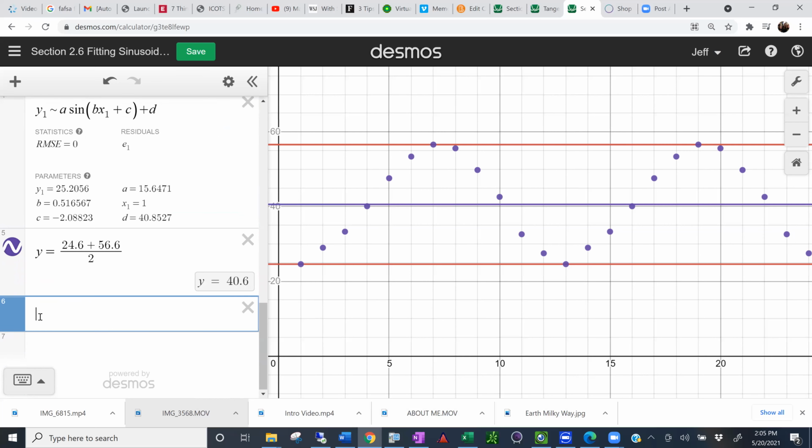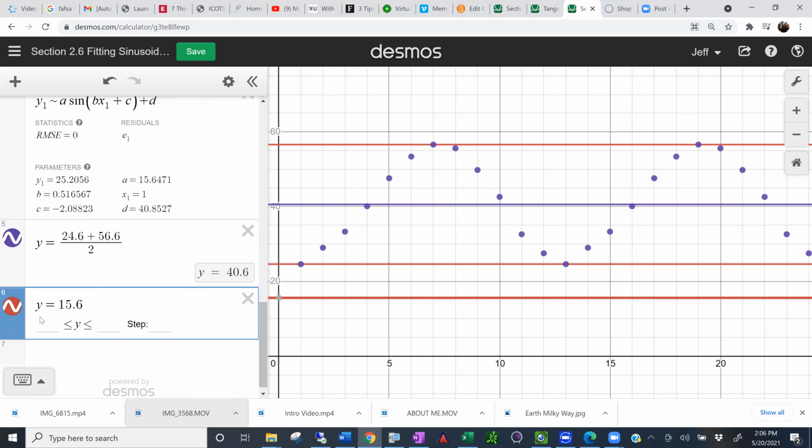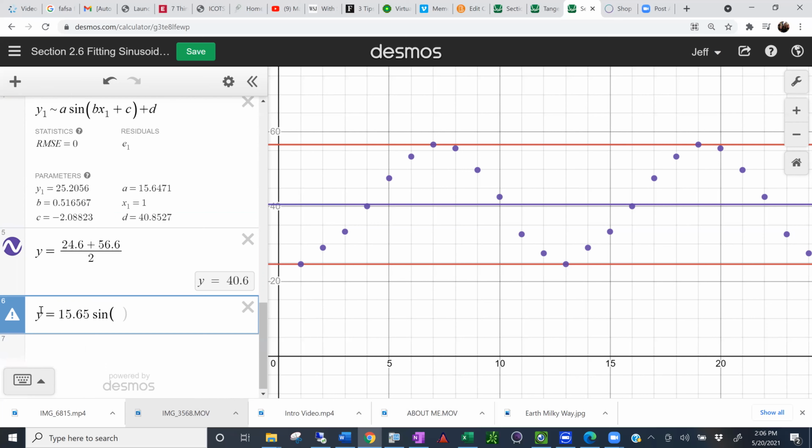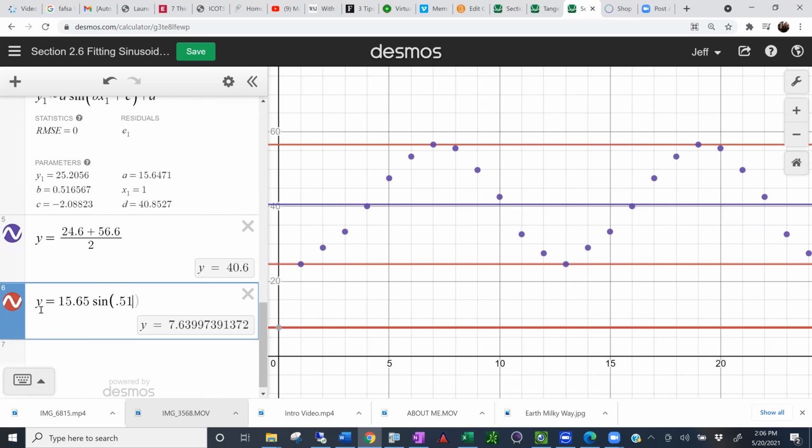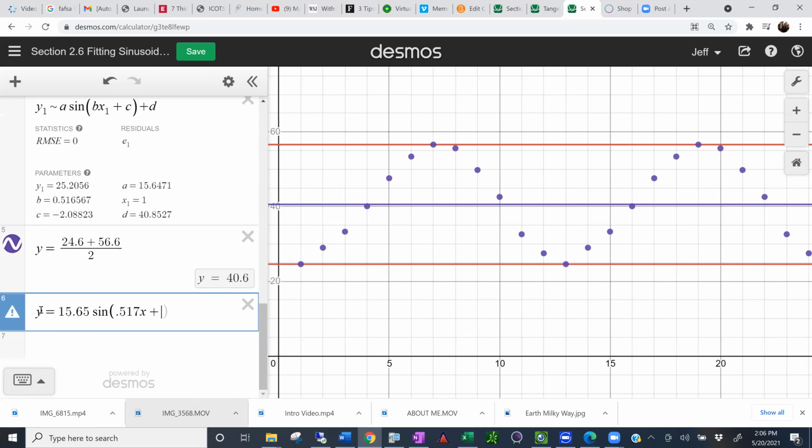So I'll type it in. y equals A, which is 15.65, sine of B, which is 0.517x, plus C, which actually should be minus 2.088, and then plus D, which is 40.8. So there we go. Pretty good fit, I'd say, overall. I think it's a really good fit for the data.